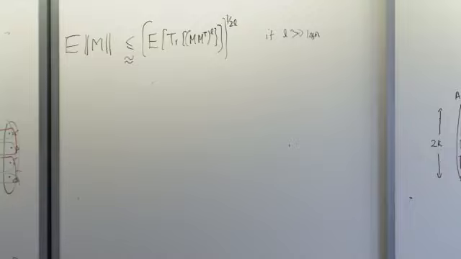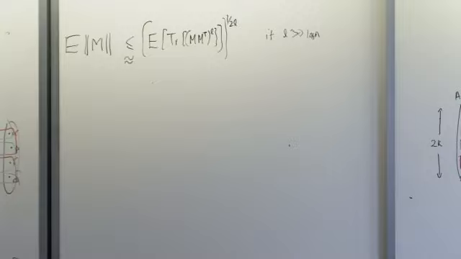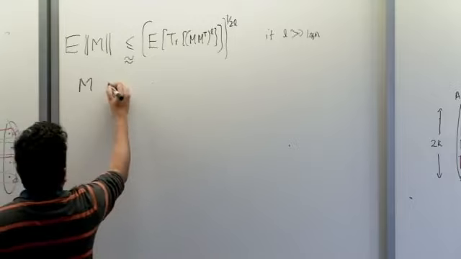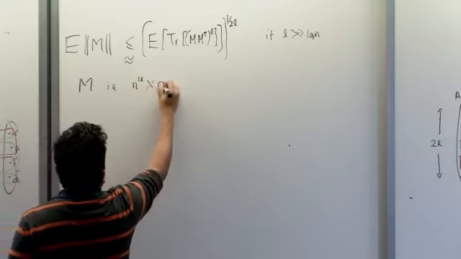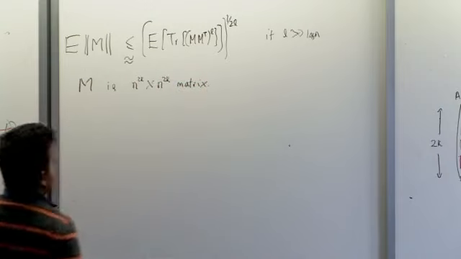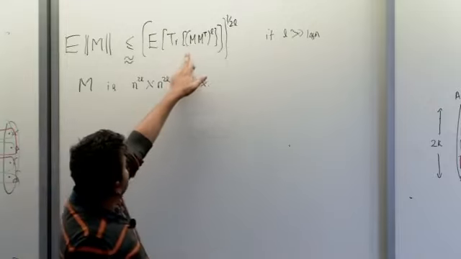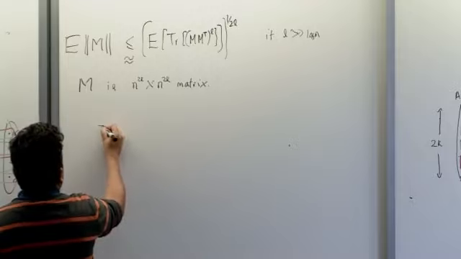Let's just unravel this expectation. Firstly, just to get ourselves grounded, M is an n to the 2k by n to the 2k matrix. If you take this trace and expand it out, it looks like this.